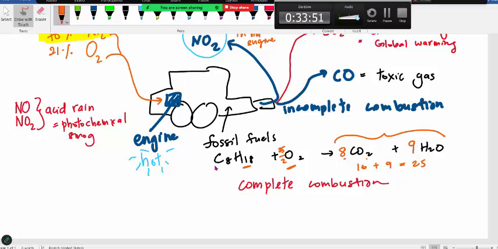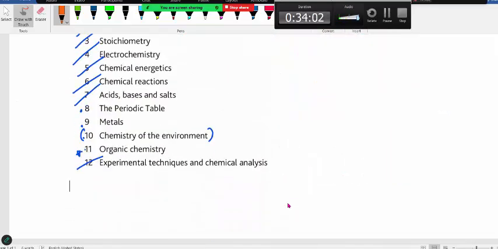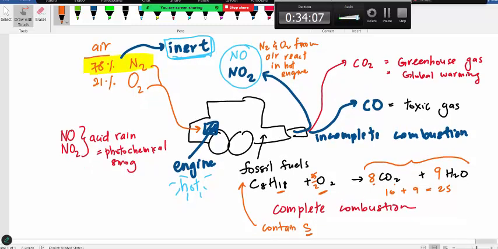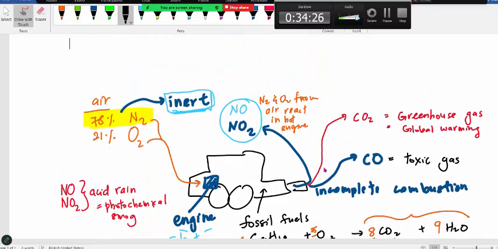Inside fossil fuels, they contain sulfur. Why does fossil fuel contain sulfur? Because sulfur is found in dead animals. In animals, they don't have to be dead, but it's found in animals. So when the carbon and the hydrogen burn, sulfur also burns. When sulfur burns, it also releases another gas, a third gas, so many gases come out, right?